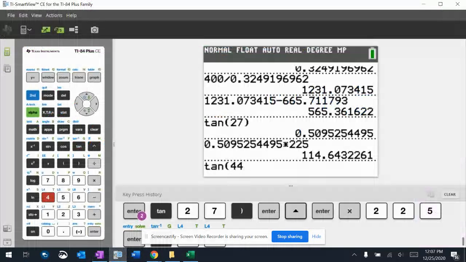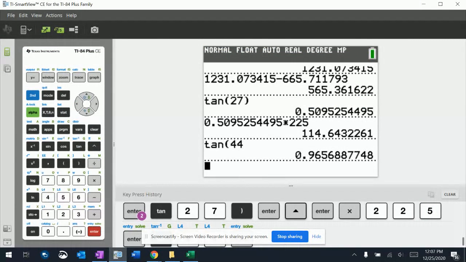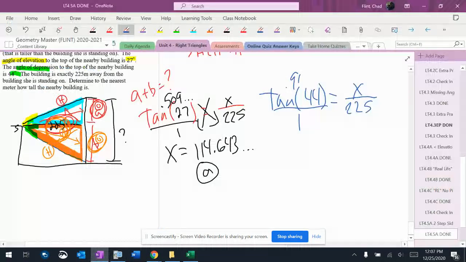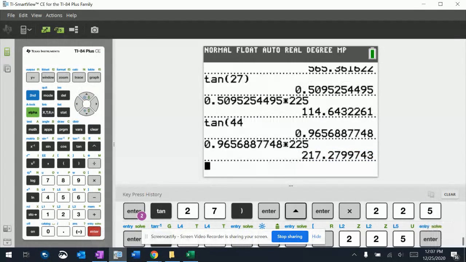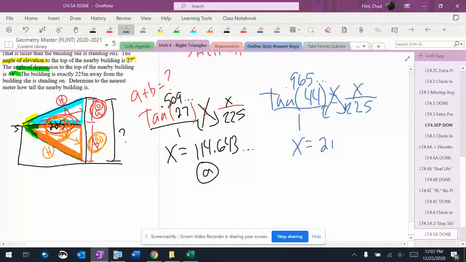Put it over 1 and cross multiply because I know the angle. So tangent of 44 is 0.965, and I get x equals 217.279.